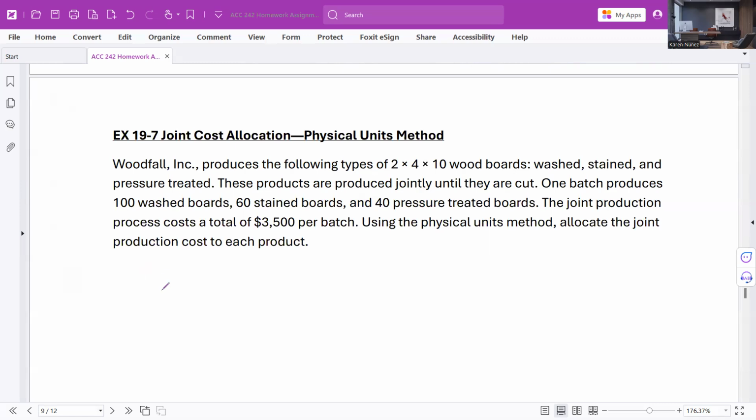So if I could, again, try and draw this out, we've got this joint process. And this joint process yields three products. Right, we get to the end of the process and we've got three things. Right, so again, we have a joint process. And this joint process has a cost. The joint costs are $3,500 per batch.